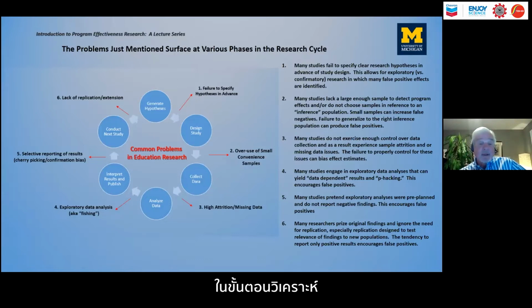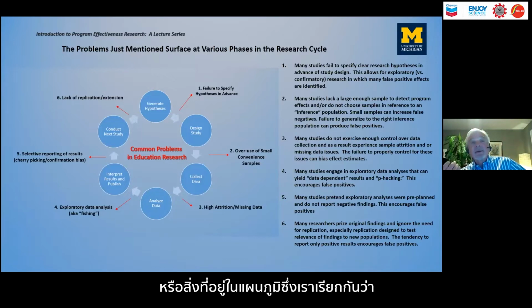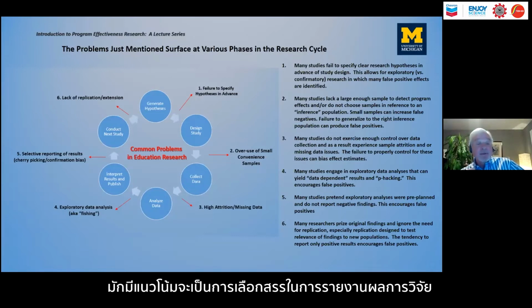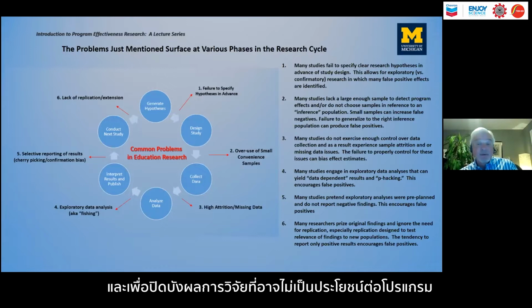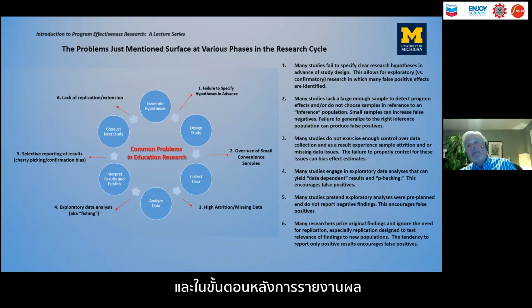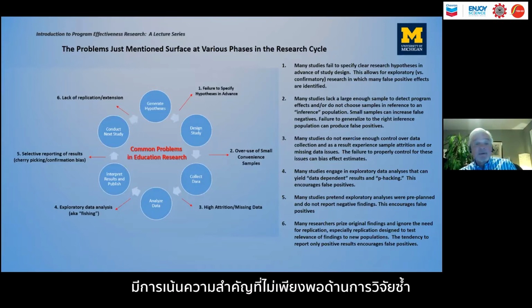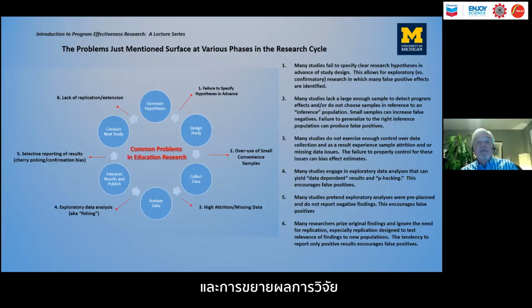They often, in the analytic phase, do exploratory data analysis, or what in my shop we call fishing expeditions. There is often a tendency in the reporting phase to be selective in reporting of the results, to cherry pick the results that are favorable to an intervention program and to suppress results which may not be favorable to the program. And in the post-reporting phase, there's not sufficient emphasis on replication and extension of findings.